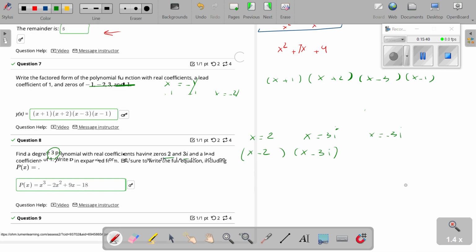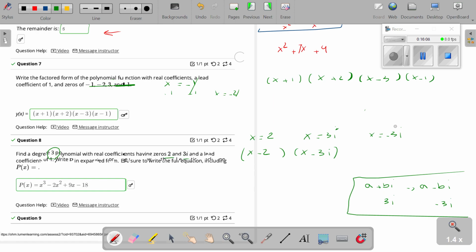Let me just give you a side note here. If you have a complex number as a plus bi, then the conjugate of that is a minus bi. So here, if I have 3i, the conjugate of that will be negative 3i. So the term that has i will be negative. Anyway, so I know if I have 3i as a zero, negative 3i is also a zero of my function.